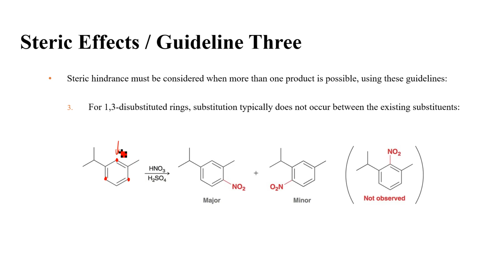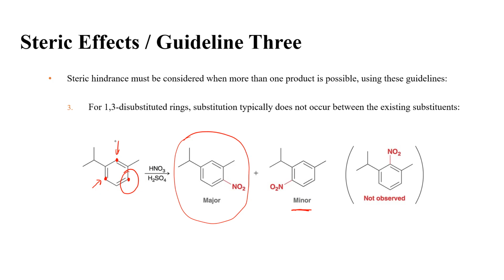Well, you know that this position and this position is pretty crowded right now, right? It's pretty crowded because of the isopropyl group. And the most sterically available position seems to be this position right over here, right? That's the less crowded position. So if I had to pick one of these, it's definitely going to be that position, and that's going to give you this product right over here. This one's going to be the minor.